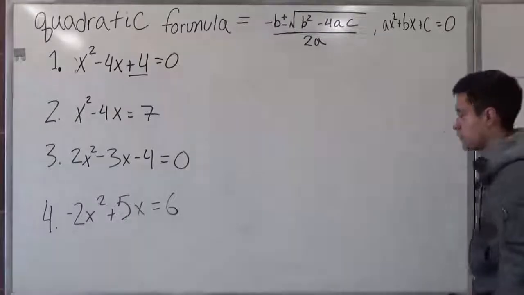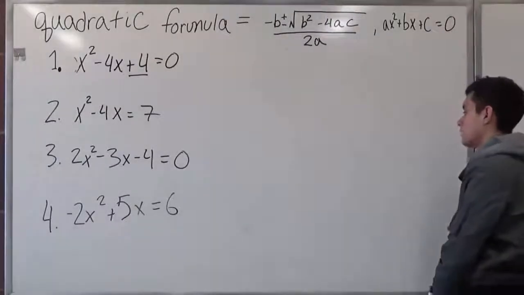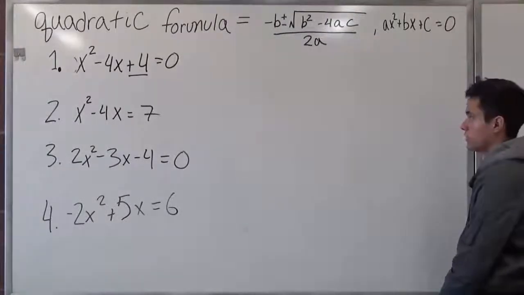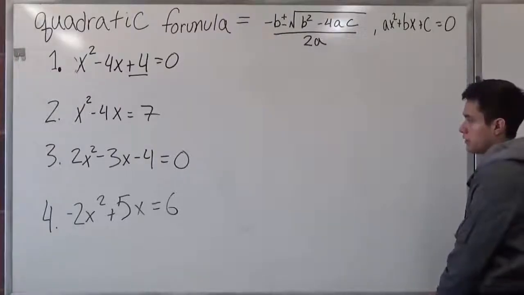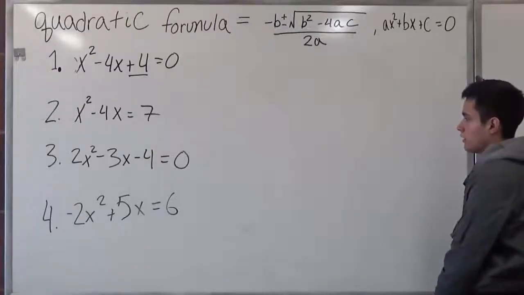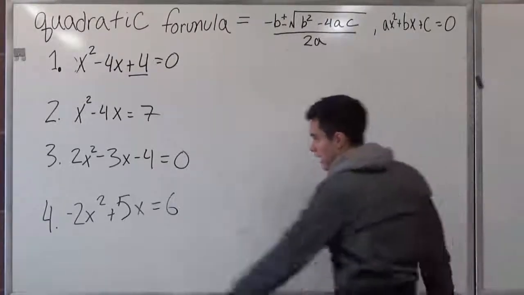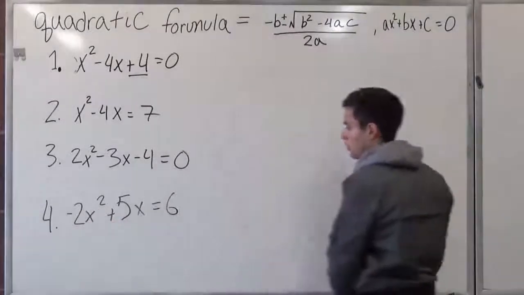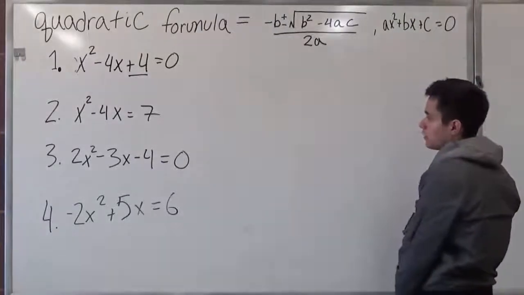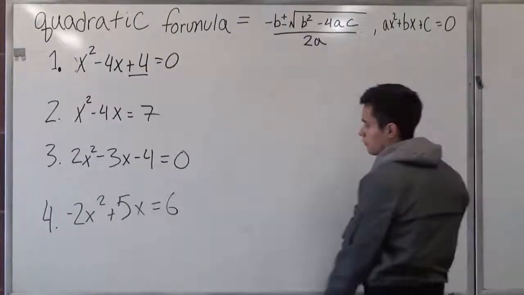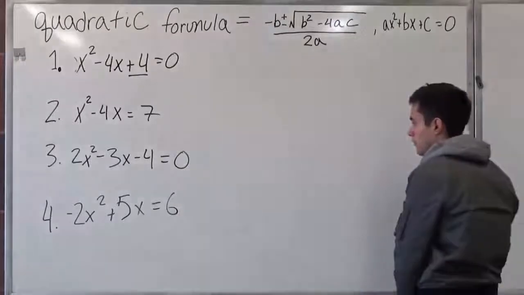Number 4 states negative 2x squared plus 5x is equal to 6. This problem looks very similar to both 2 and 3 because we have leading coefficients that are not 1, and we also have the right-hand side not equal to 0.